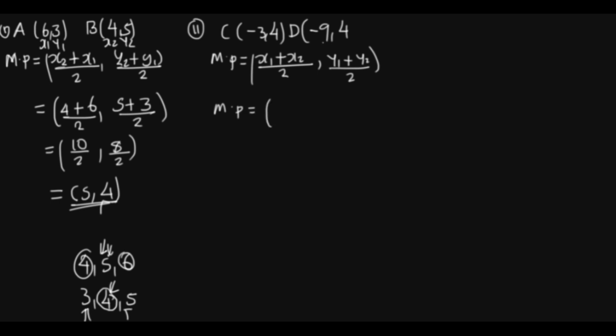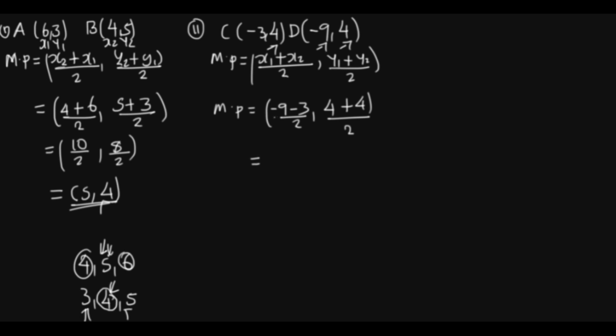So the x2 is negative 9 minus the negative 3 over 2. The y2 is 4 plus the y1 is also 4 over 2.